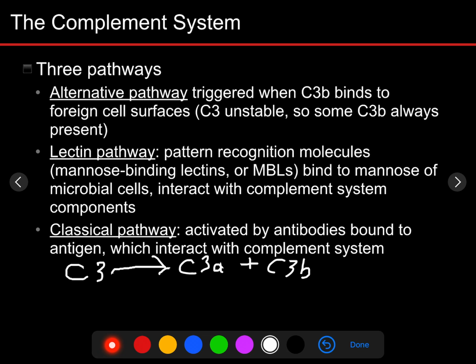But what you need to know for this is that C3b can form something called C3 convertase. And C3 convertase stimulates more C3 to break into C3a and C3b.